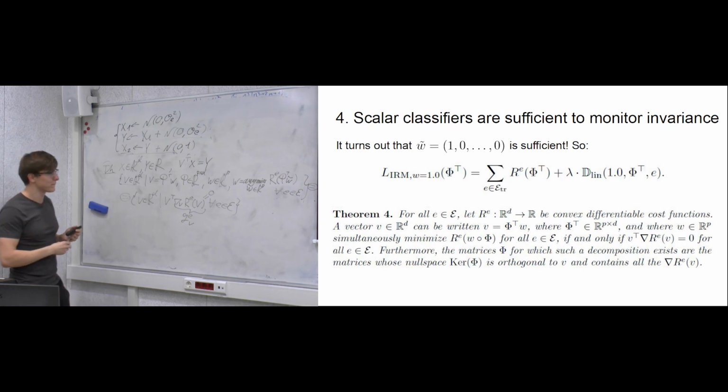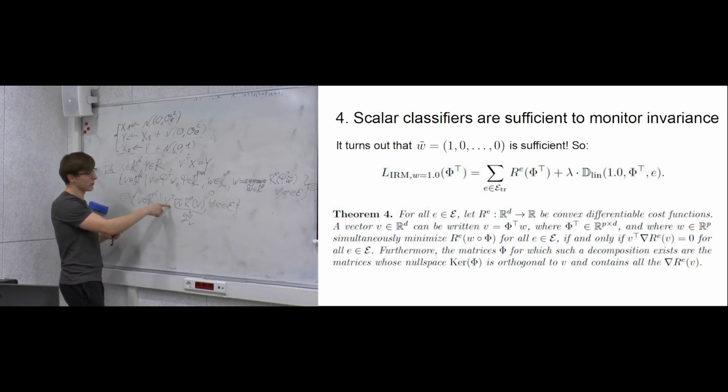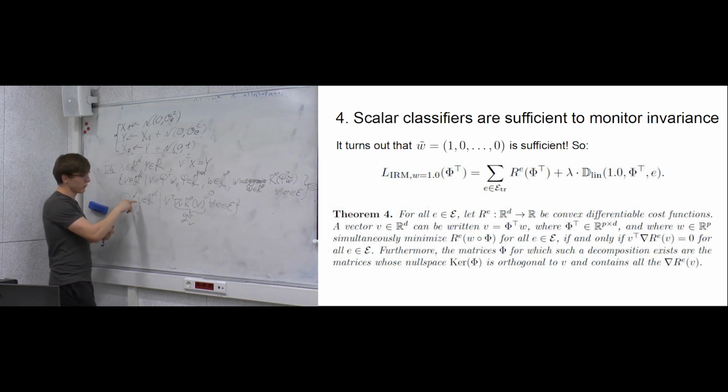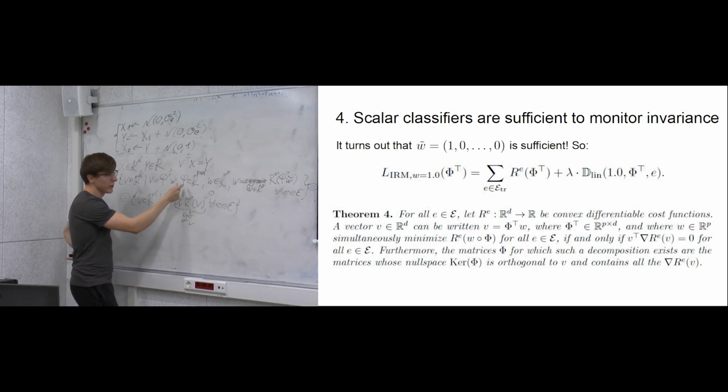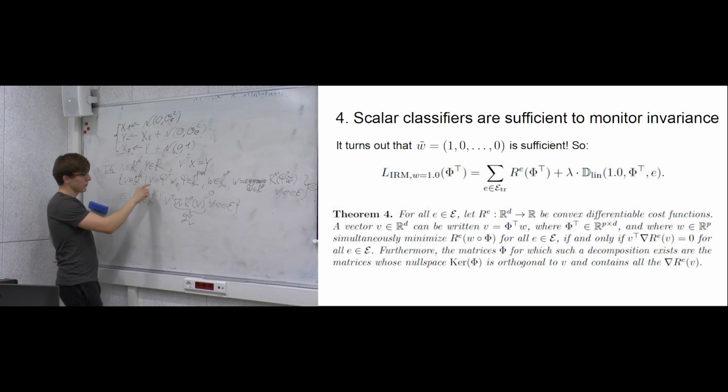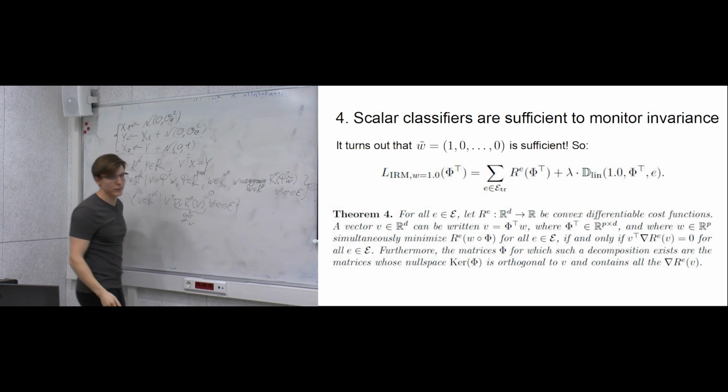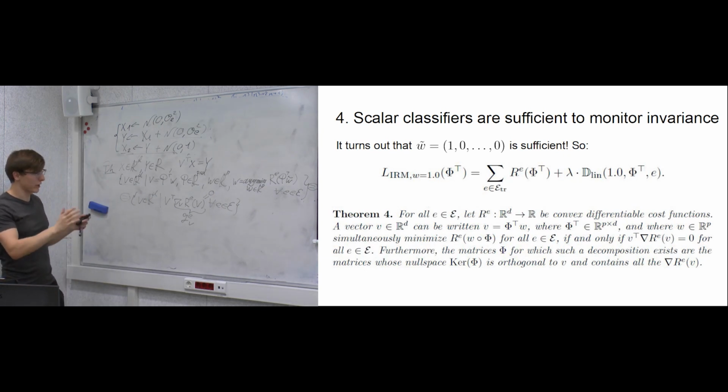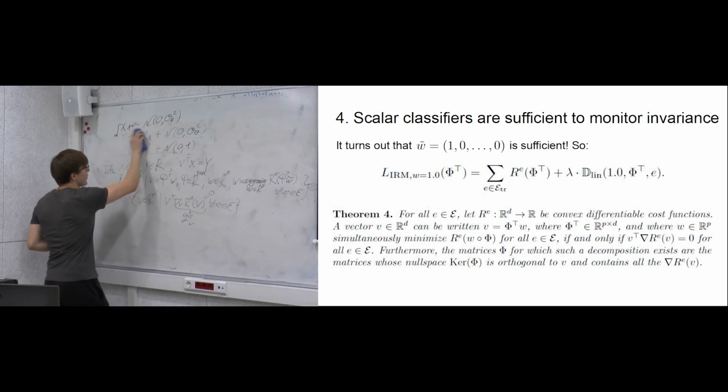For this set of vectors V, there exists such a number P, such matrix phi, and such vector W, that V is phi transposed by W, and W is argmin of risks.